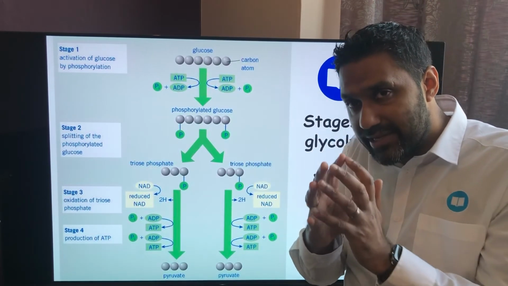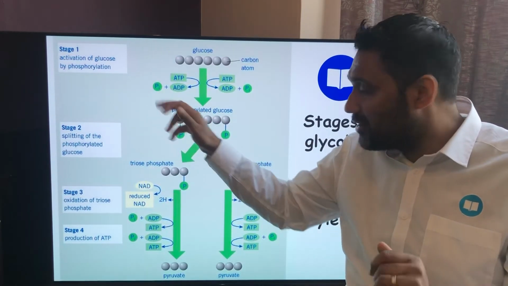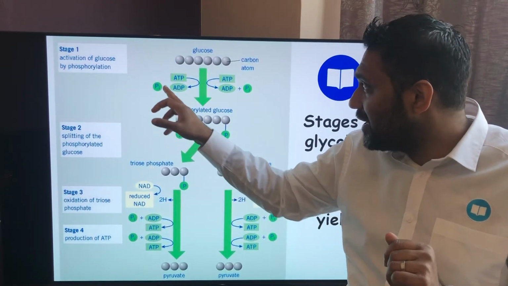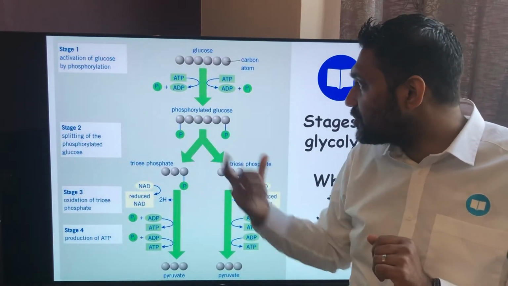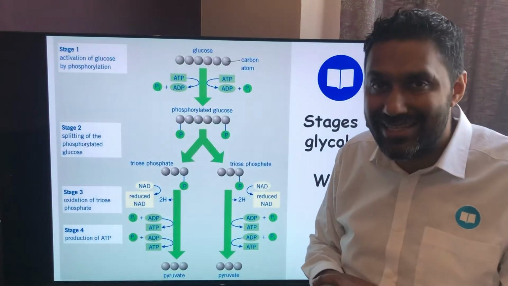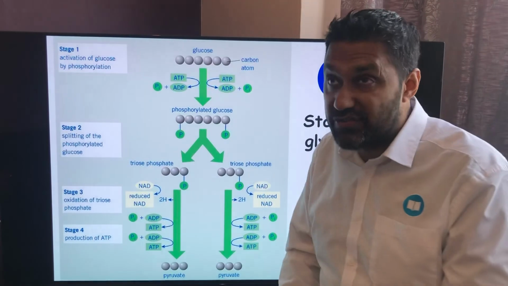So energy is going to be transferred, and in that hydrolysis reaction, I get inorganic phosphates because I get ADP plus Pi. Those Pis will join to the end of the glucose molecule. Therefore, this glucose molecule now is called phosphorylated glucose because it's got phosphate at the end of it.